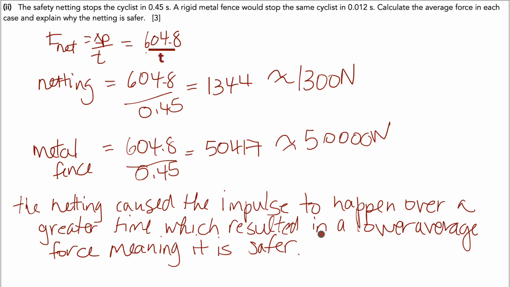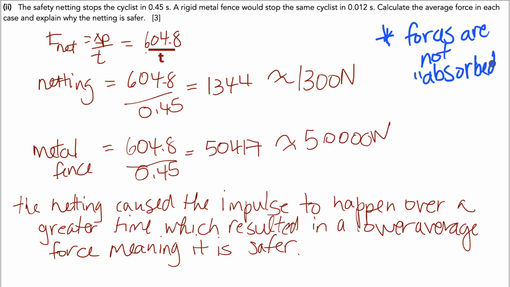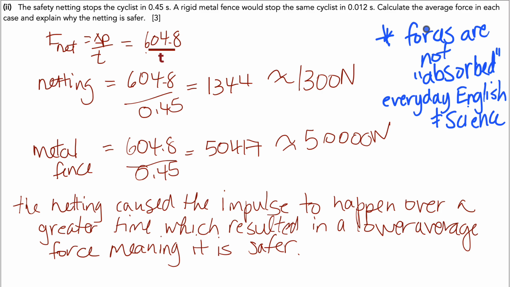I also want to point out one more thing. In everyday English, we sometimes say that forces are absorbed. That is in everyday English, not a science phrase. The force isn't absorbed. It doesn't disappear somewhere. It's because we have a lower net force or a lower average force acting on it. That's what's made it safer.